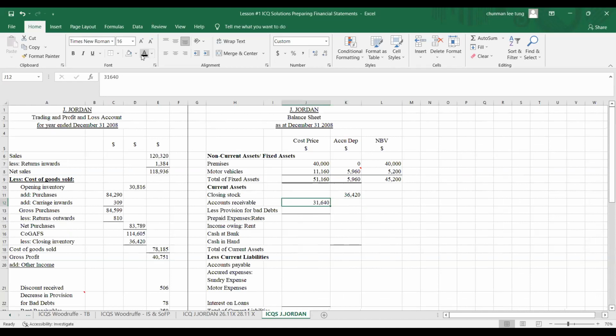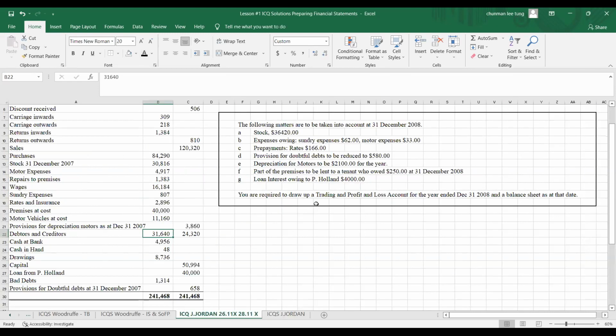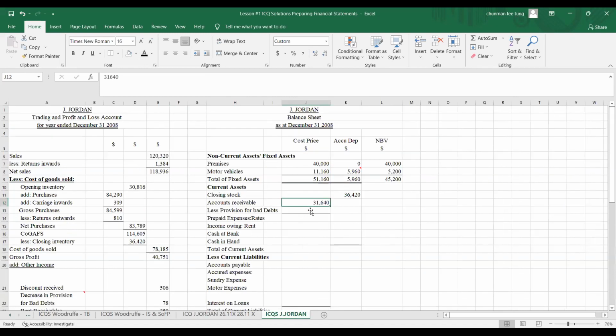But we always need to know that there's something that will always affect our debtors, which is bad debts or provision for bad debts. In this question, they had something about the provision for bad debts. They said it should be reduced to 580. So we had accounts receivables of 31,640, and we are decreasing it by, well, to 580.